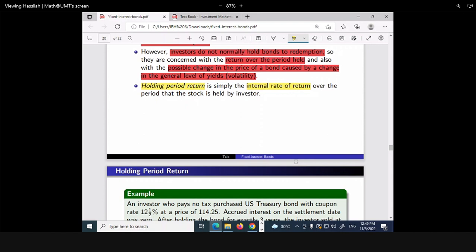Dalam net present value, bila you ada semua values you masukkan, you cari I. I itu ialah internal rate of return.